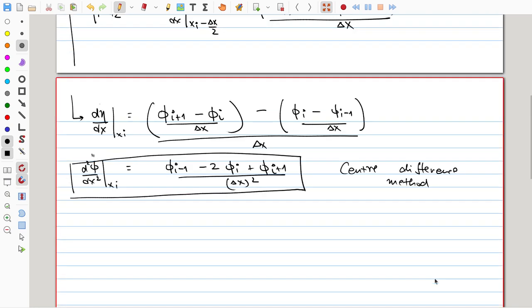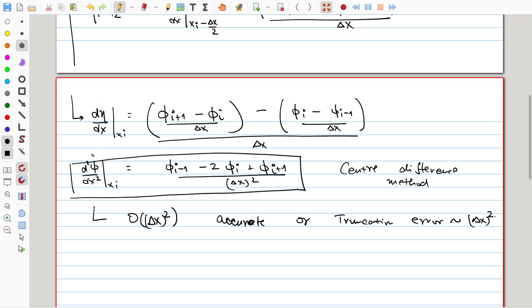Now, as in the first order derivative case, this is also order delta x squared accurate. That is another way to say it, or we say that the truncation error goes as delta x squared.